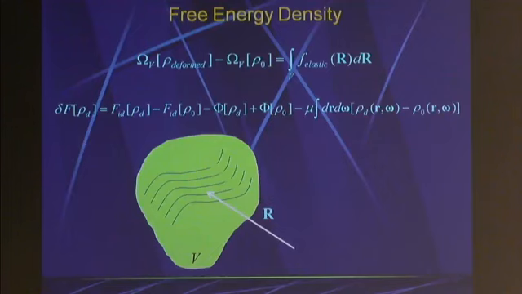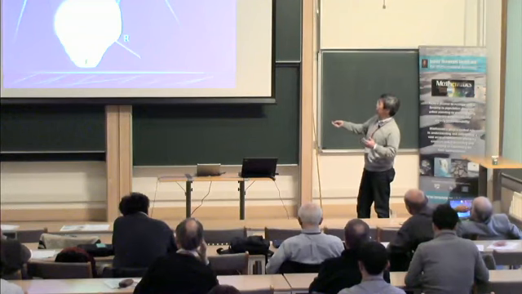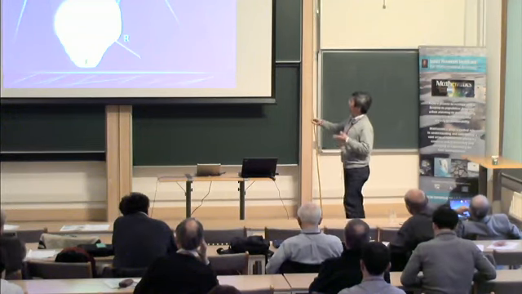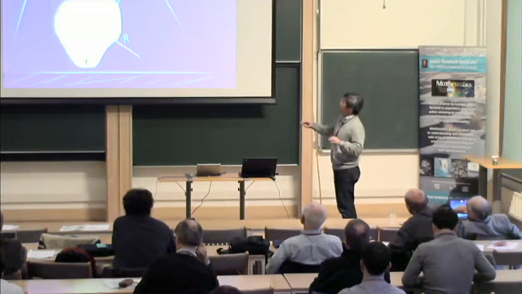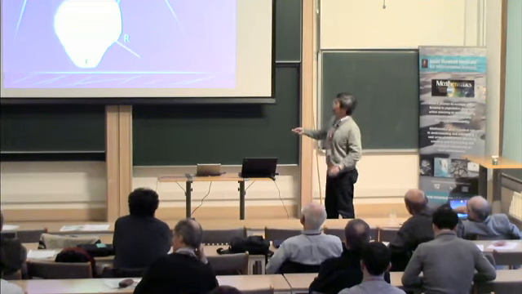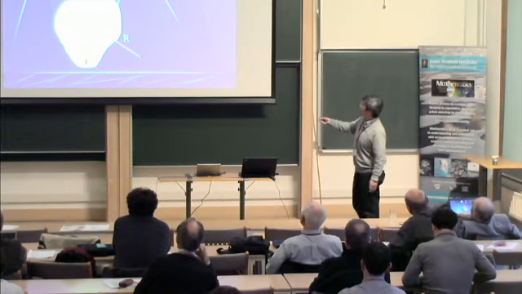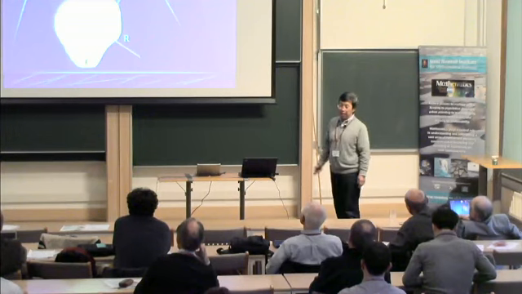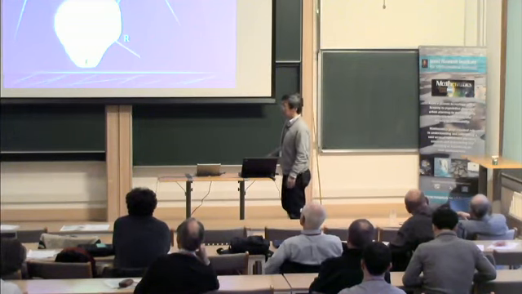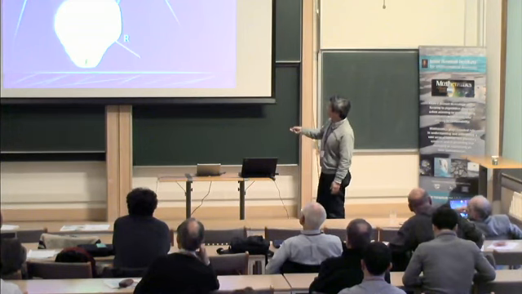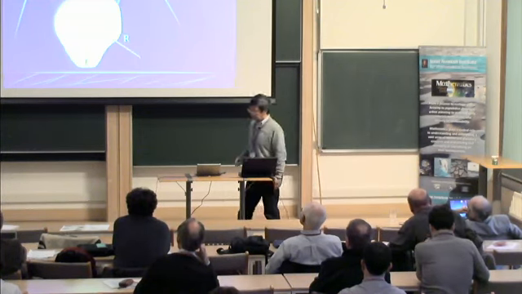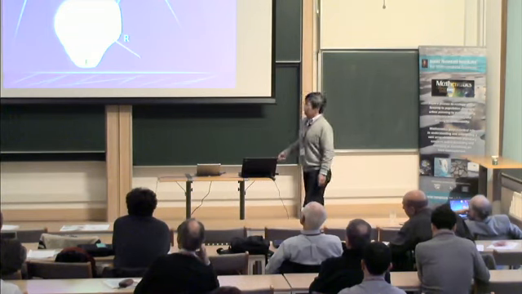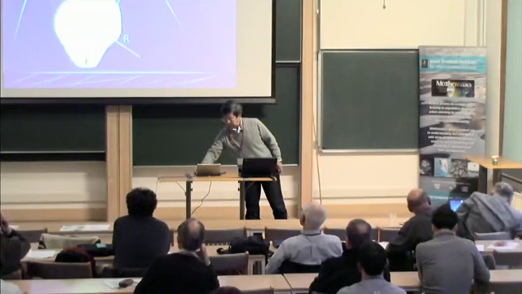In fact, the goal of elasticity theory is to come up with an elastic free energy density, which is a single point function of R. This is very important because this is a multi-point functional, and this is just a single function of R integrated over the whole volume. So the transition from this multi-particle situation to a single point function is really a critical point to prove what K13 is all about.